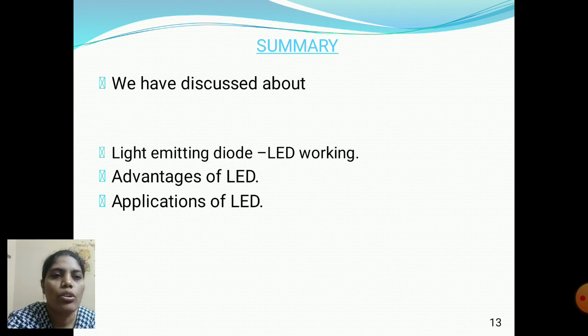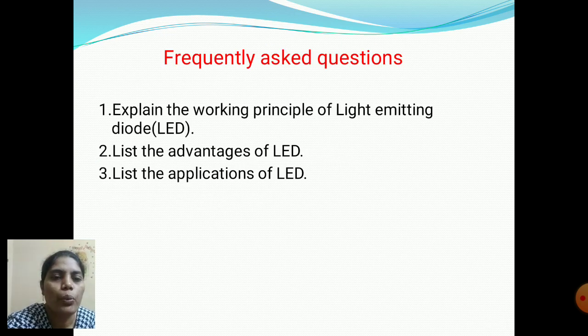So here is a summary of this video lesson. We have discussed light emitting diode, its working principle, and we have seen what are the advantages of LED and what are the applications of LED. Now here are a few questions which are asked frequently. You can prepare for exams like: explain the working principle of LED with the help of a PN junction diode diagram.